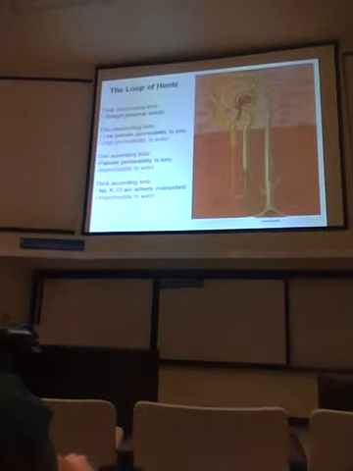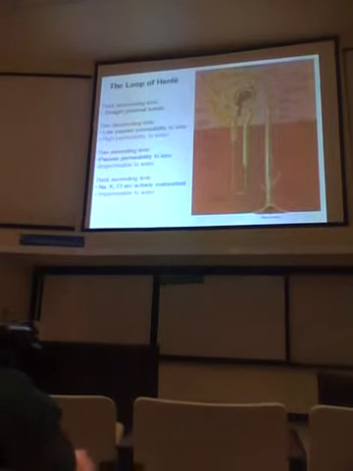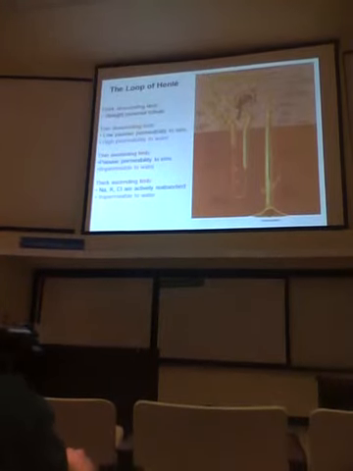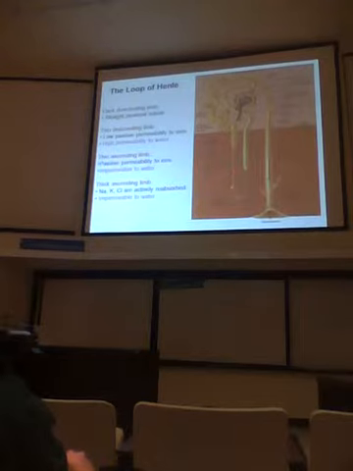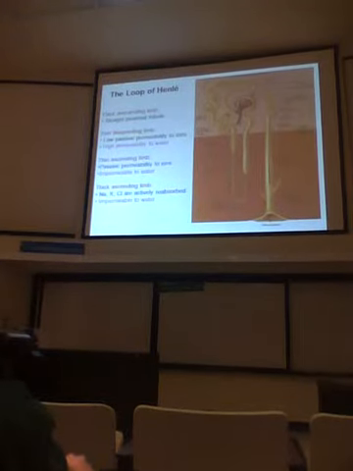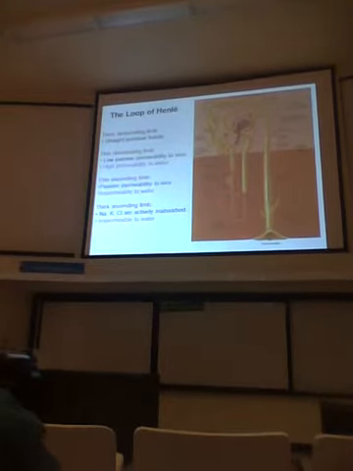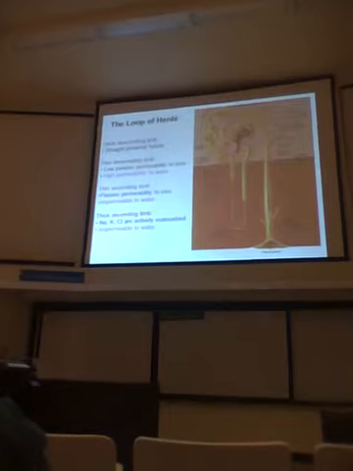We don't have to worry too much about that. The thin descending limb has low passive permeability to ions, but high permeability to water. I hope this will make sense in a minute. I'm just showing you what the situation is, then we'll see why this is important.